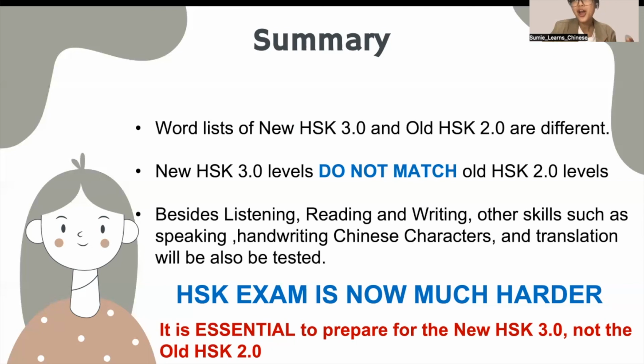We now have to be all-rounded in Chinese, learn more and have a better understanding of Chinese. The HSK exam is now much harder. So it is very essential to prepare for the new HSK 3.0, not the old HSK 2.0. Today, we got lots of information and have a better understanding of the differences between HSK 2.0, the old curriculum, and HSK 3.0, the new curriculum.